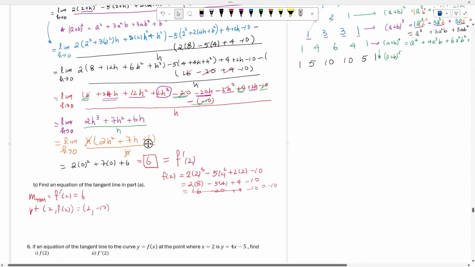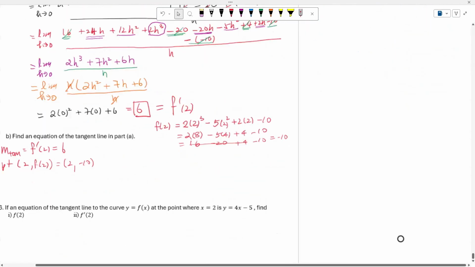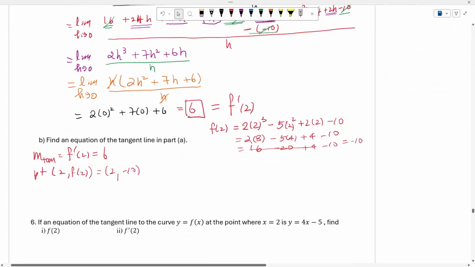And third, we would like to work with the point-slope form, right? y minus y sub 1 equal to m times (x minus x sub 1). Okay.